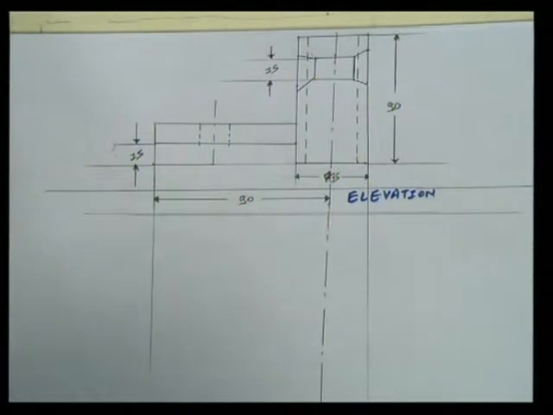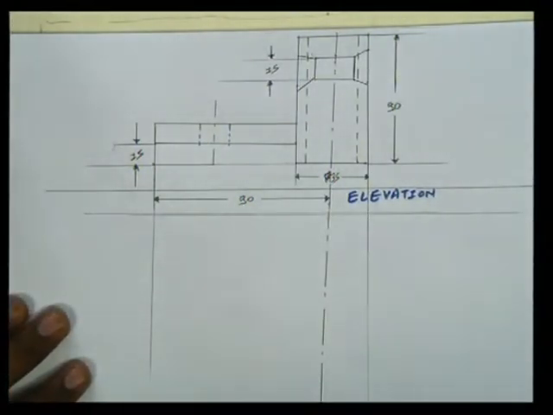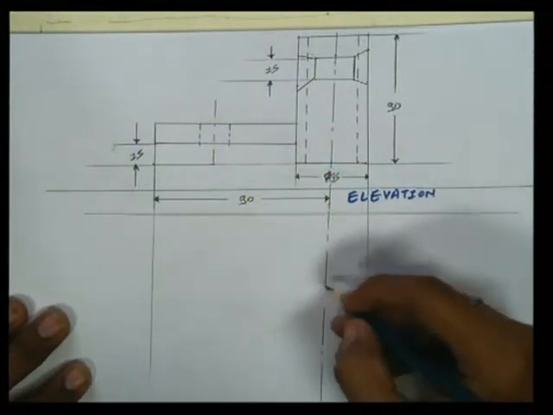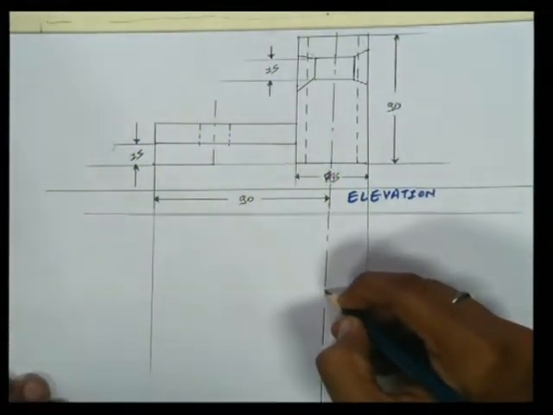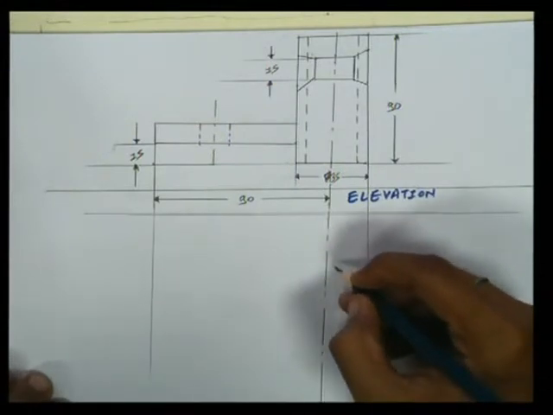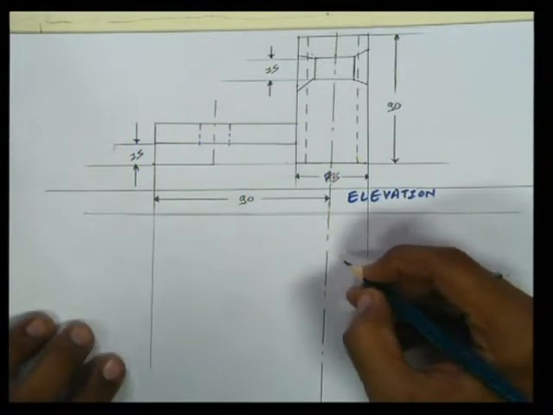Now I need to draw the circle from this point. So I am going to use the protractor to draw the circle.